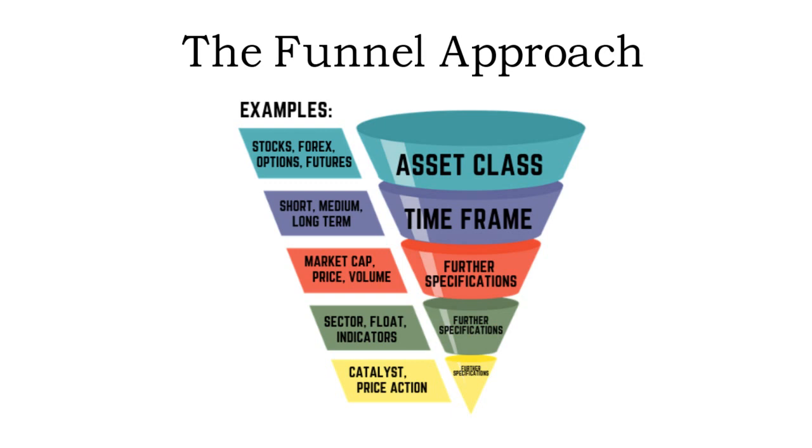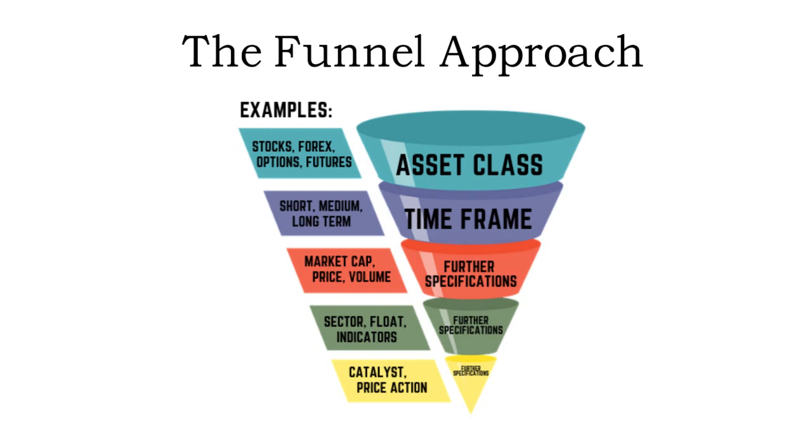Then there could be other specifications for your chosen asset class. For example, if you chose stocks, you could further filter out those with a market cap under a certain amount, or price over a certain amount, or just filter out stocks that trade less than a certain amount of volume.